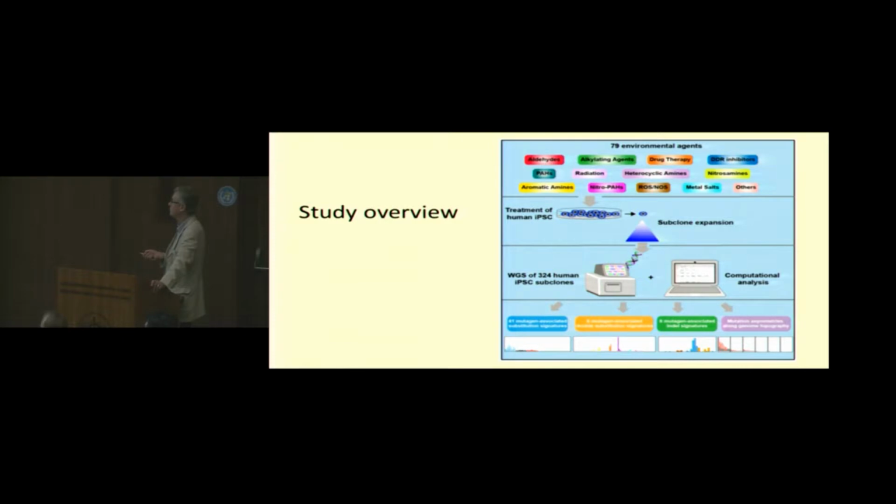But substitution signatures, dinucleotide signatures, insertion-deletion signatures. And we also looked at the general topography of where these mutations occurred across the genome. So there's about 6 years of work in this study, and I'm going to try and summarize it in 15 minutes or less. So I won't be able to cover all of this.